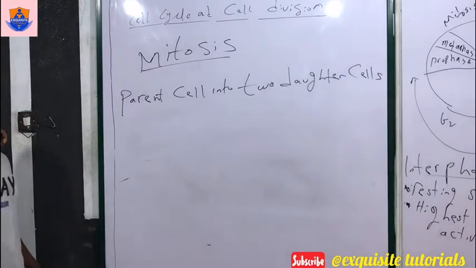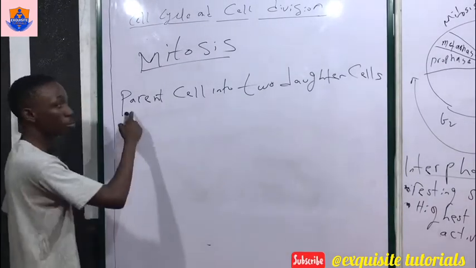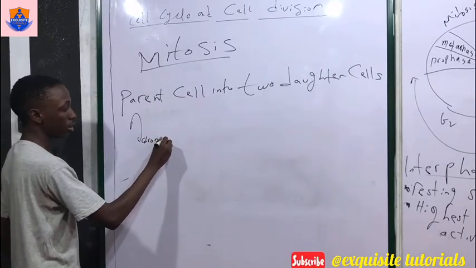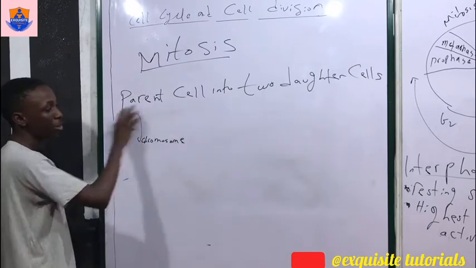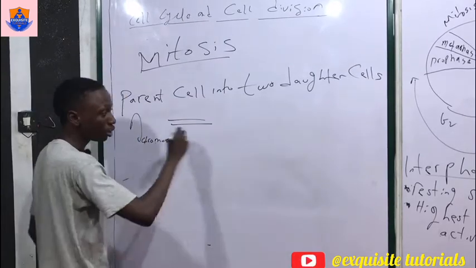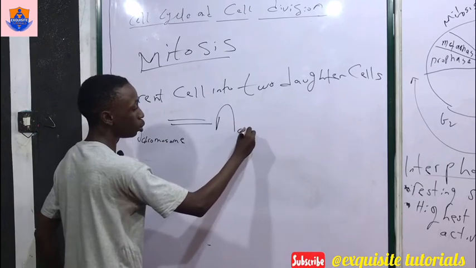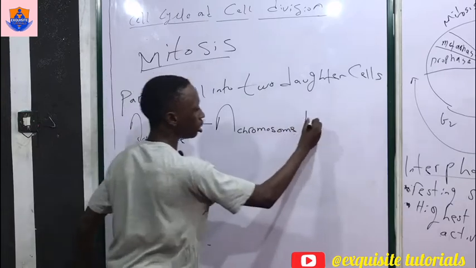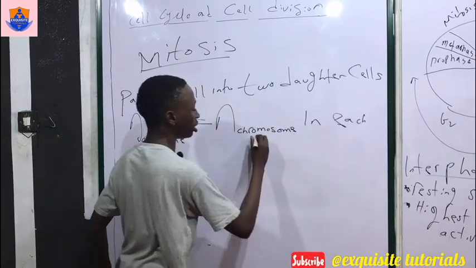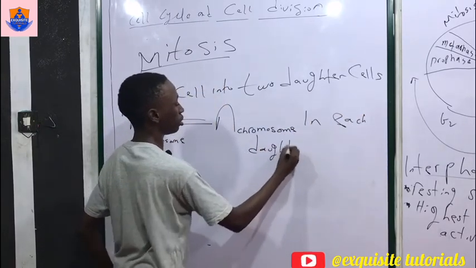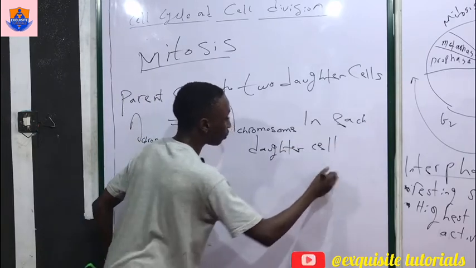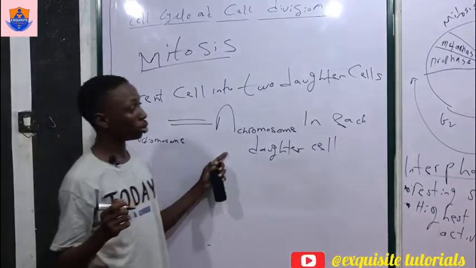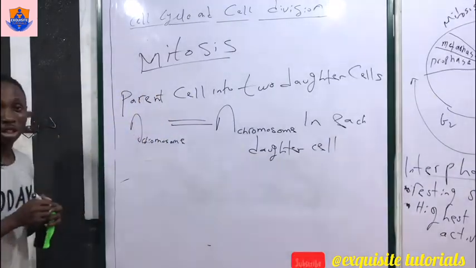Now note, during mitosis, the number of chromosomes in the parent cell is equal to the number of chromosomes in each daughter cell.